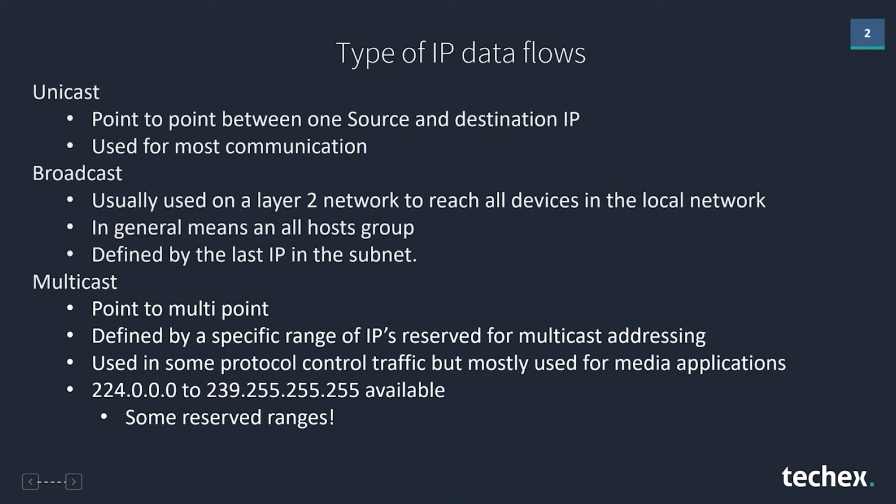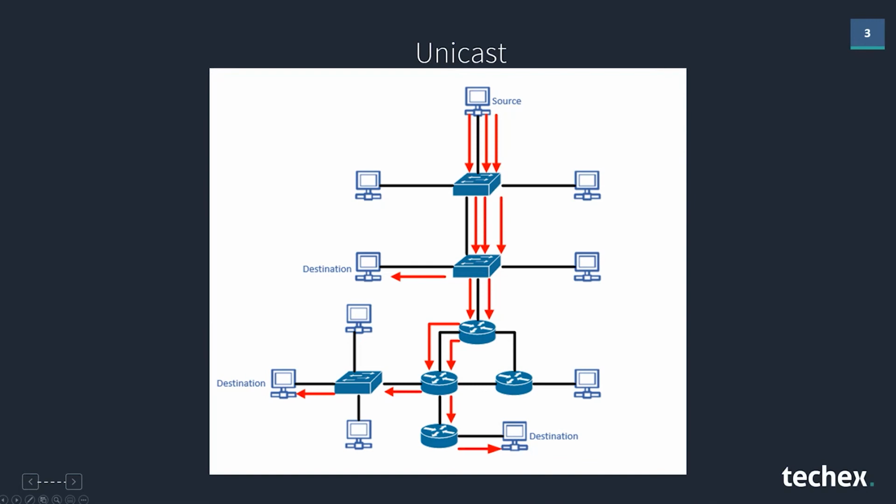In general, there is the range that I've identified here that is available. Some of them are for specific uses, some are for general use, some are for public use. I'll get onto that a little bit later on. So this is what it looks like.